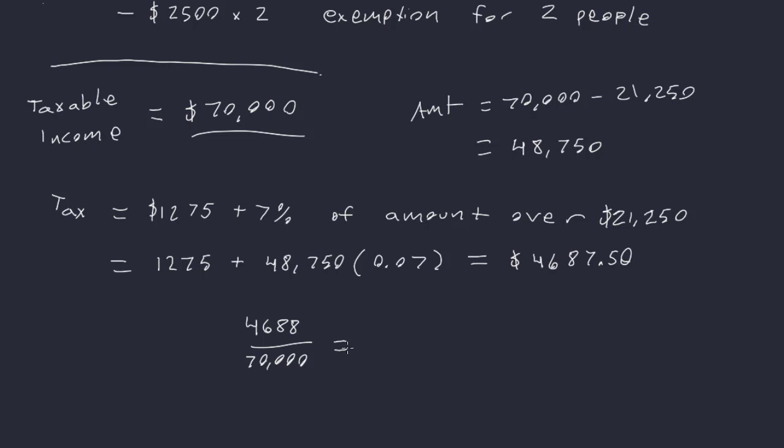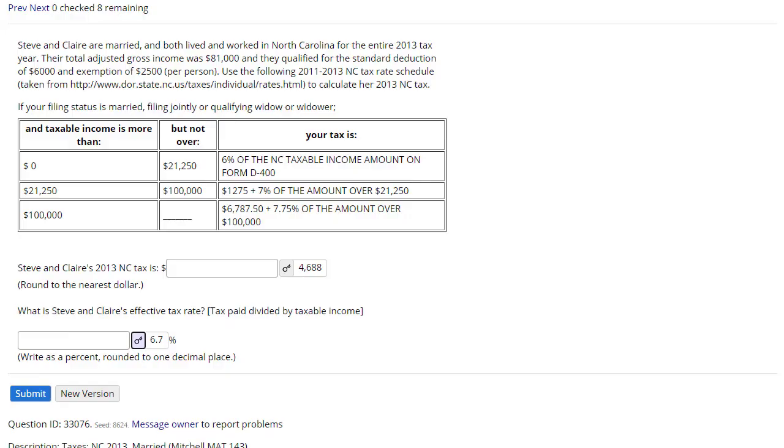That's going to be right about 0.06697. So that's about 6.697%. And the question asks us to round as a percent, rounded to one decimal place, so that's 6.7%.